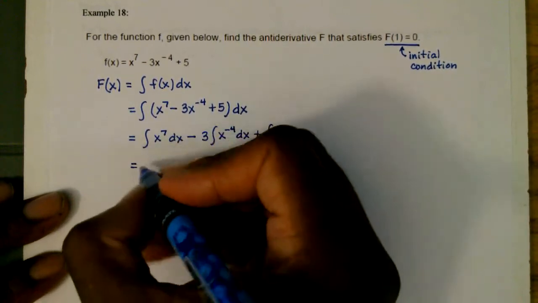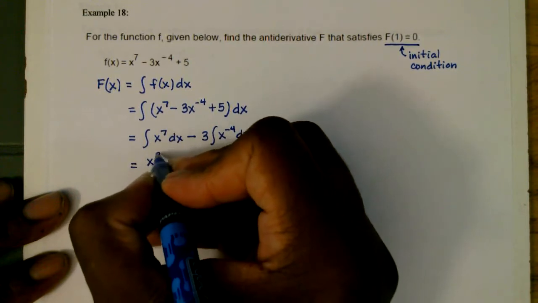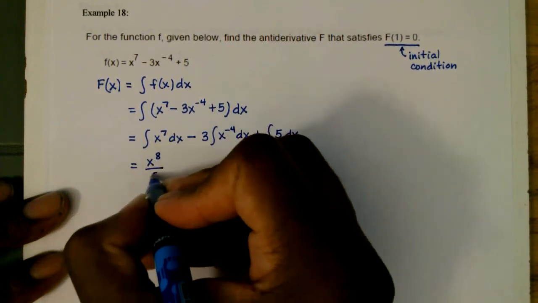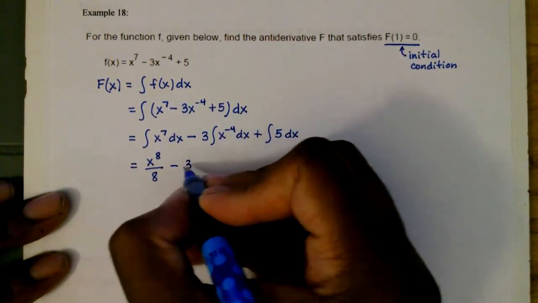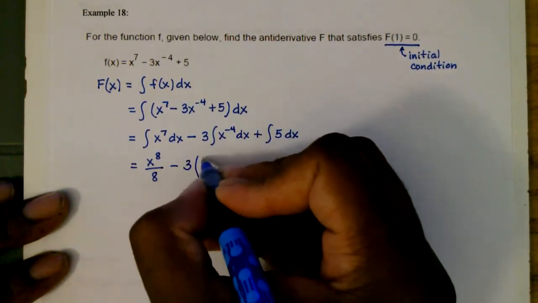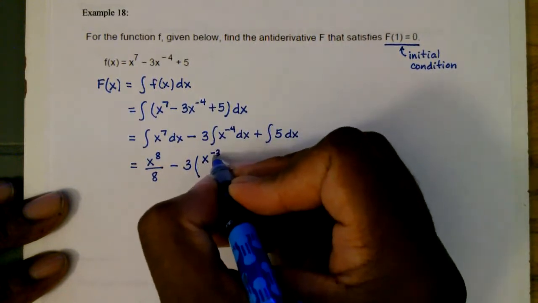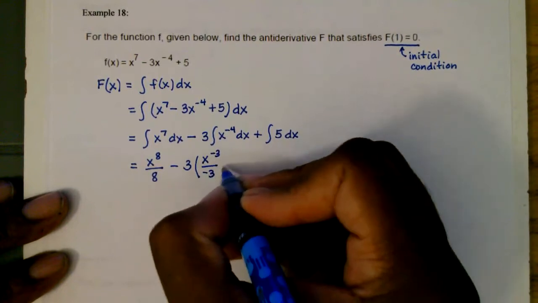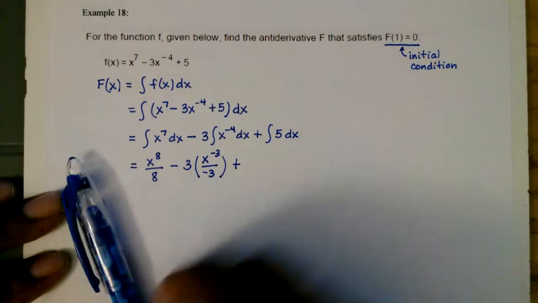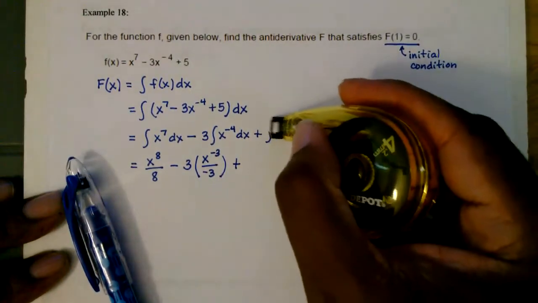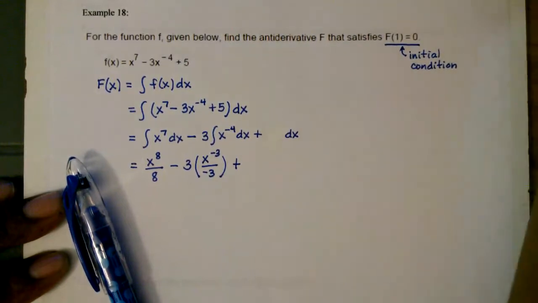So here in this case, I increase the power by 1. So it'd be x to the 8th divided by the new power, which is 8. Then minus 3 times, for that x to the negative 4, I increase the power by 1. So negative 4 plus 1 would be negative 3, divided by negative 3, plus the integral of 5. And what I should have done here was pull the 5 out in front. So let me fix that.